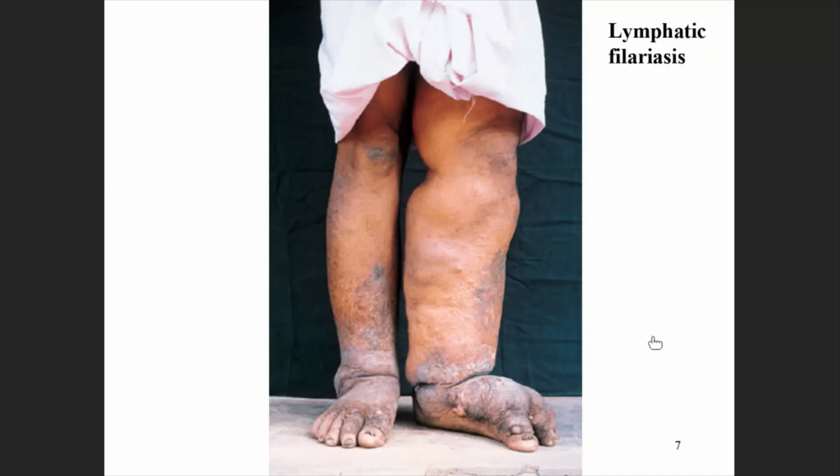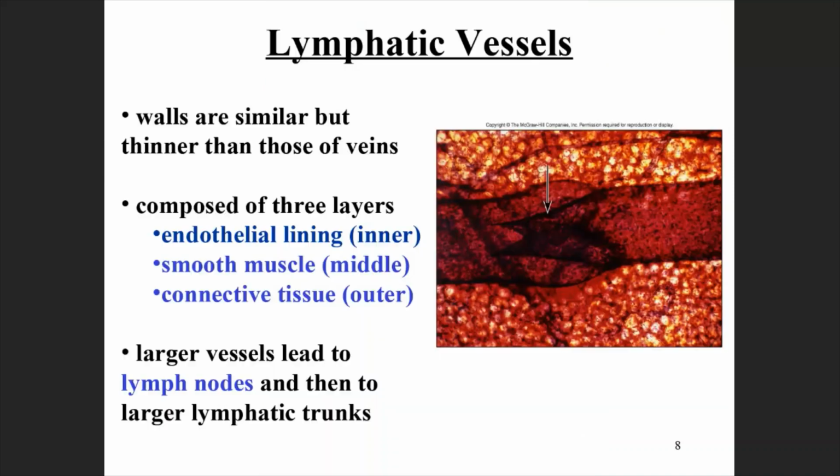So the right brachiocephalic vein and the left brachiocephalic vein all drain into the superior vena cava. Okay? So I think by now you should have learned about the blood vessels and how blood flows in the arterial system and the venous system.